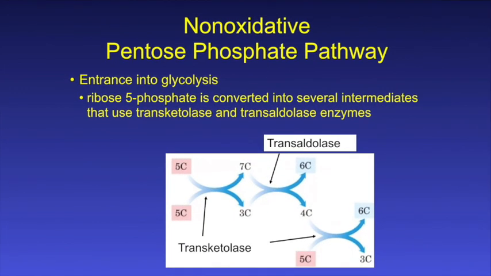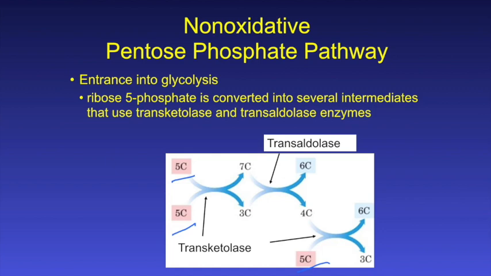Now, there's a non-oxidative pathway, okay, in which sometimes I don't need the ribose. Okay? If I don't need the ribose, then I take 1, 2, 3 equivalents of ribose, and I do a couple reactions with them.